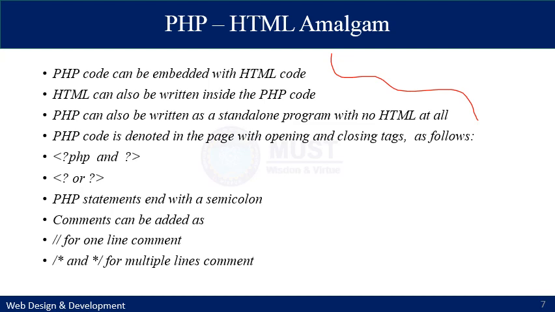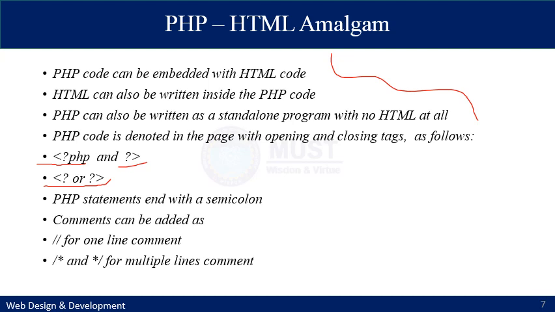Usually PHP code is denoted in the page with an opening and closing tag. The opening tag is less than sign, question mark, PHP, and the closing tag is question mark and greater than sign. Or it can be done using a second tag, which only uses the question mark.